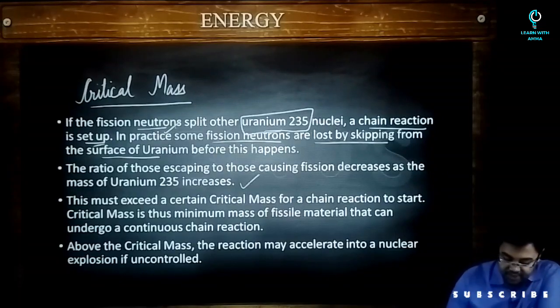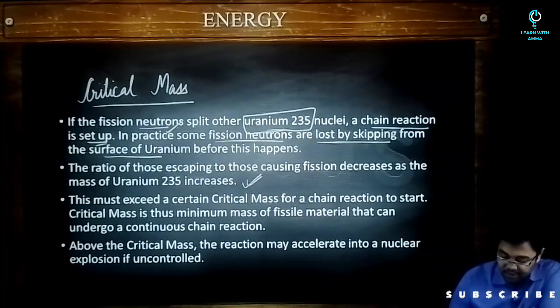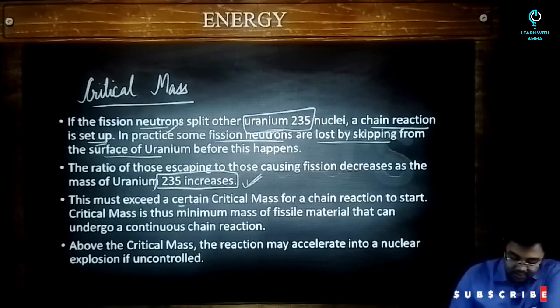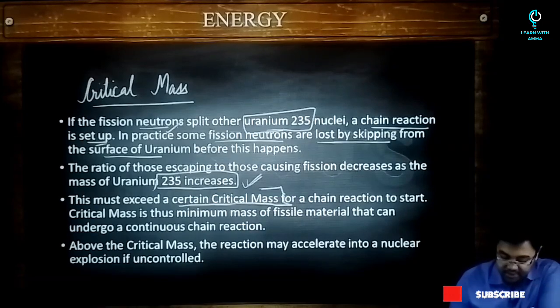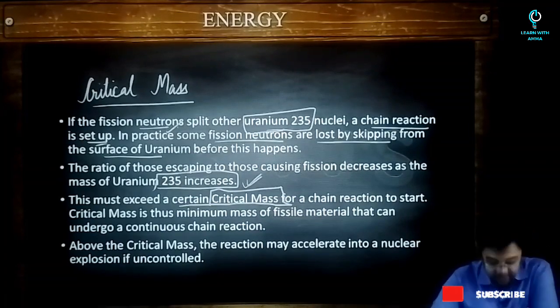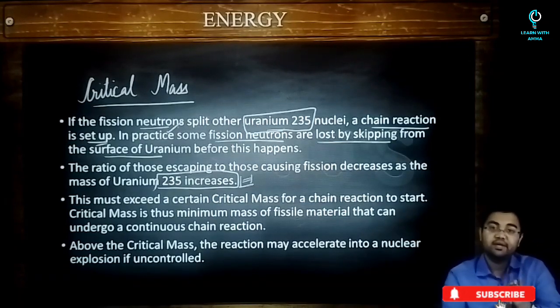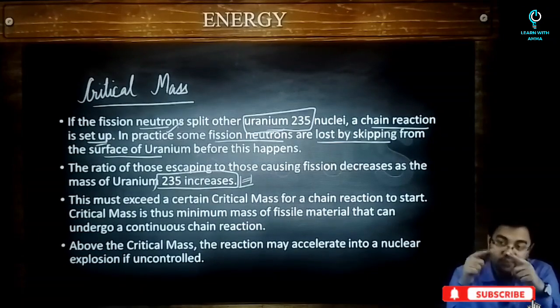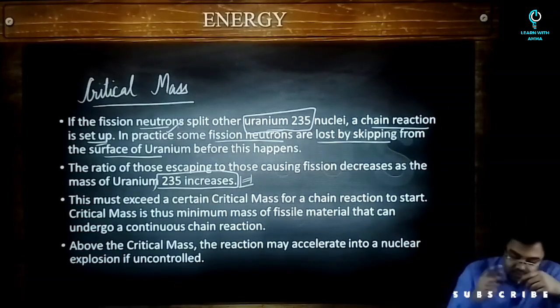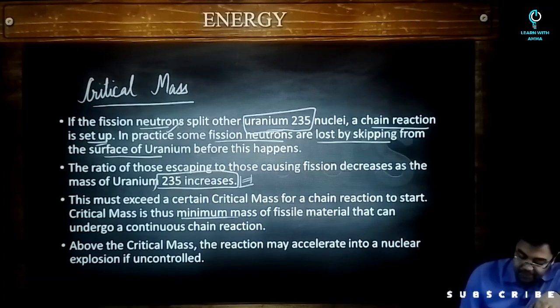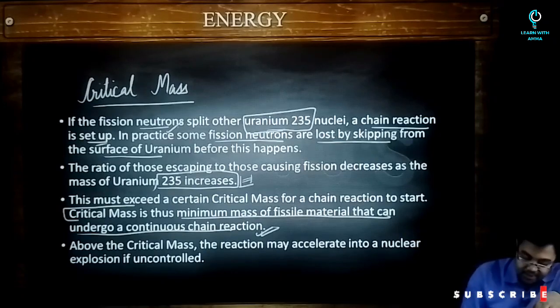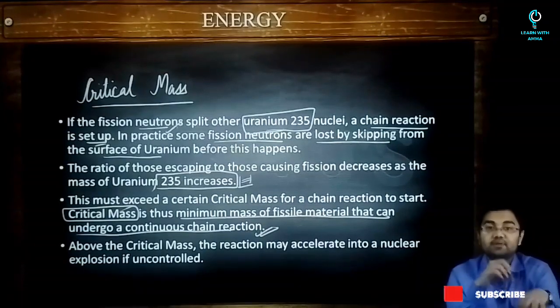Now the ratio of those escaping to those causing the fission decreases as the mass of uranium-235 increases. This has to exceed a certain limit, which is called critical mass. So you need a certain minimum amount of mass of this fissile material to be present in the reactor for the chain reaction to be caused. This minimum mass that you need for the fissile material to undergo continuous chain reaction is called the critical mass of the material.